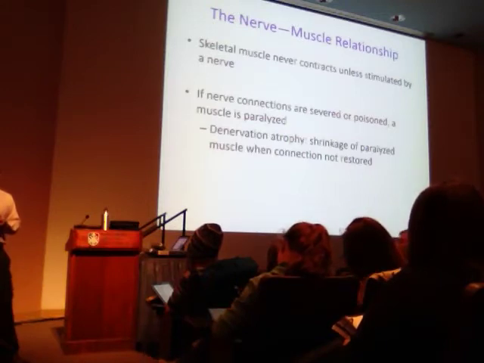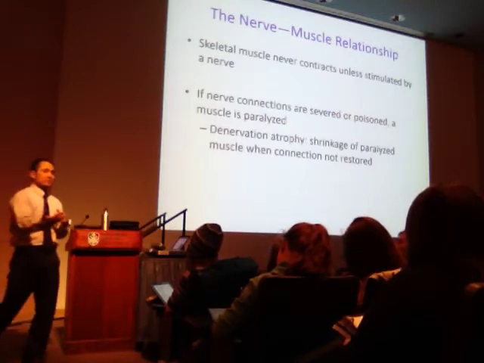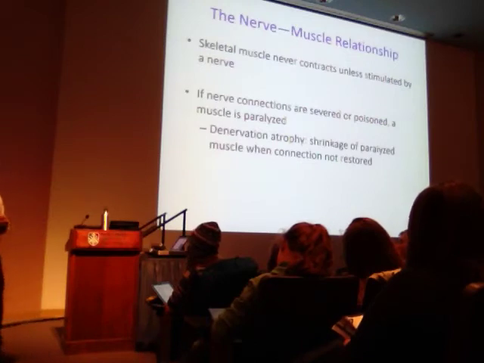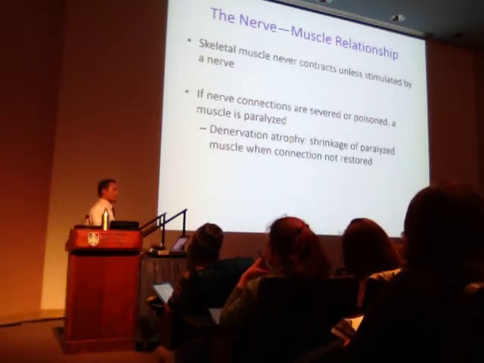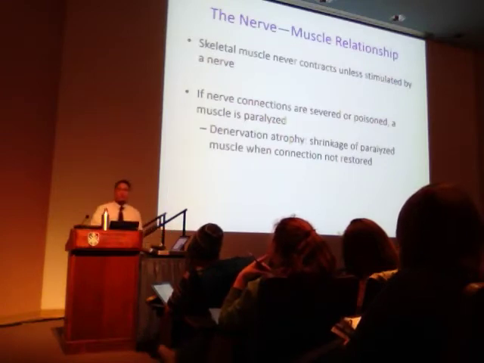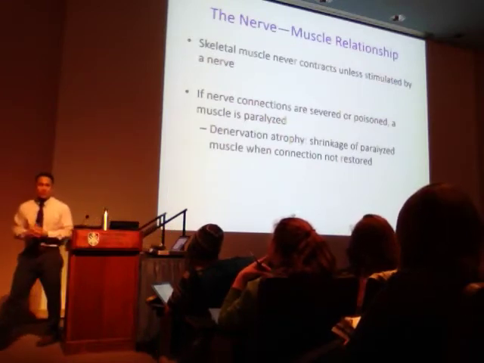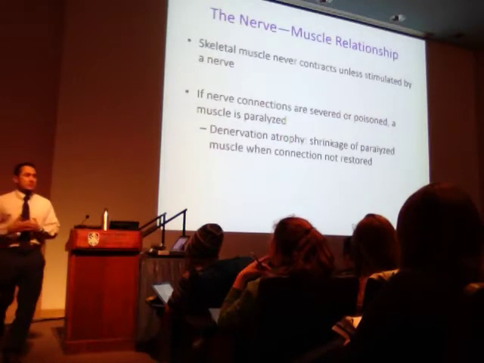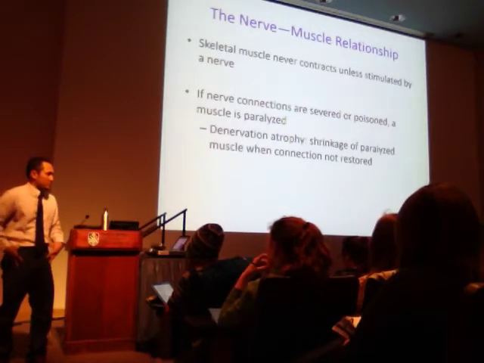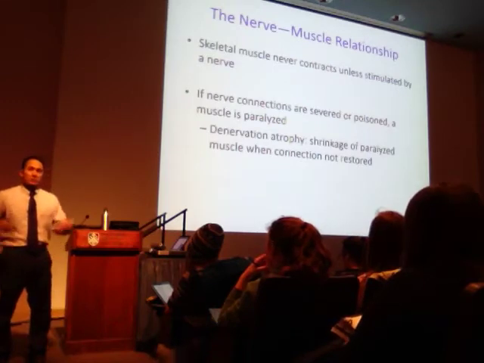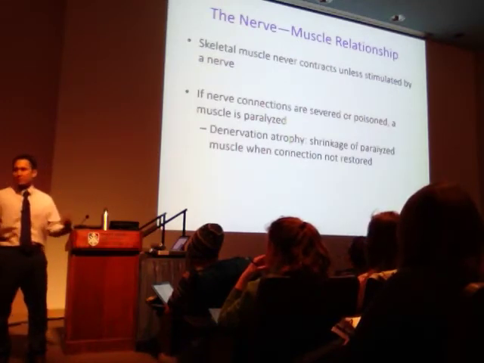Okay? So if you have a patient who has a spinal cord injury, you will very quickly see if they're paraplegic or quadriplegic, depending upon where the injury is. Paraplegic would be not any use of the legs. Quadriplegia would be no use of all 4 limbs.